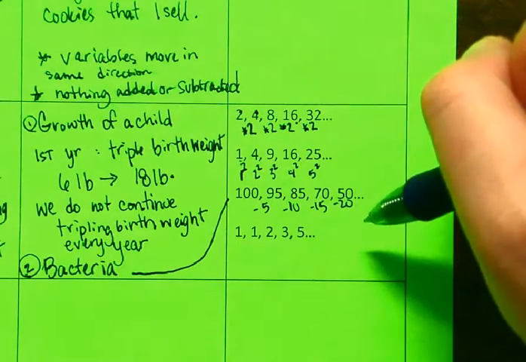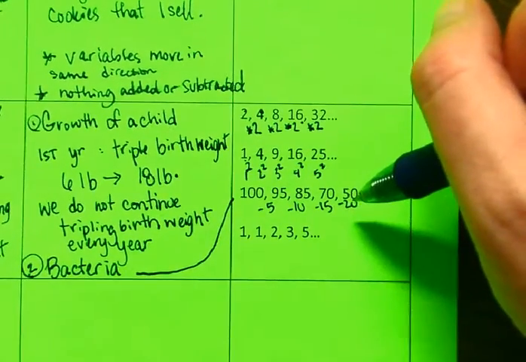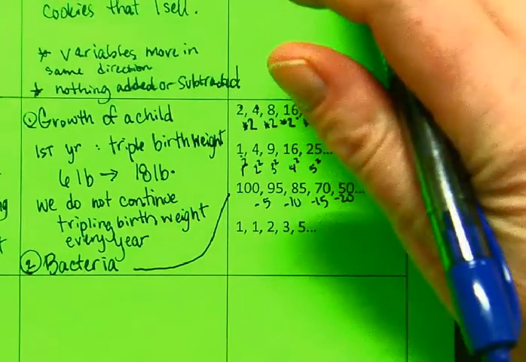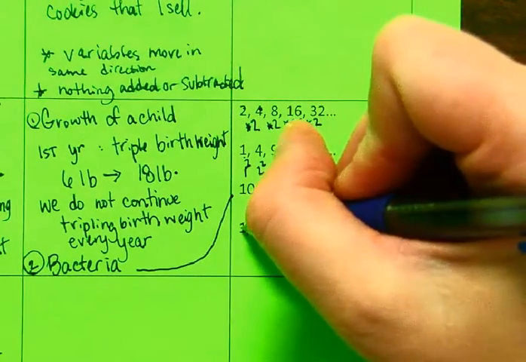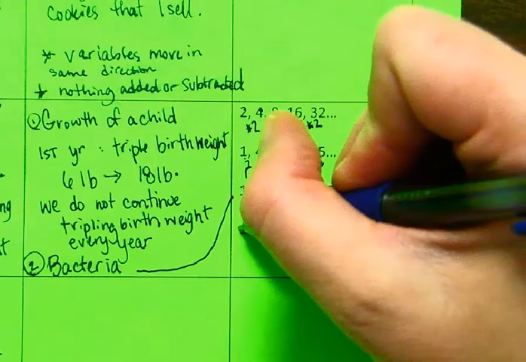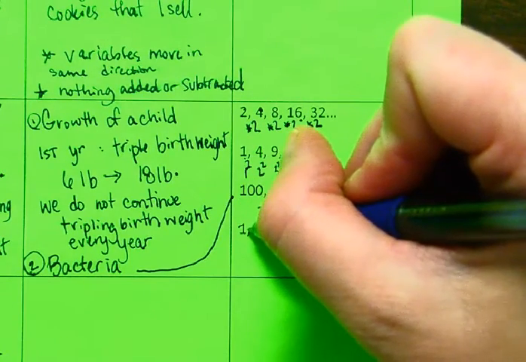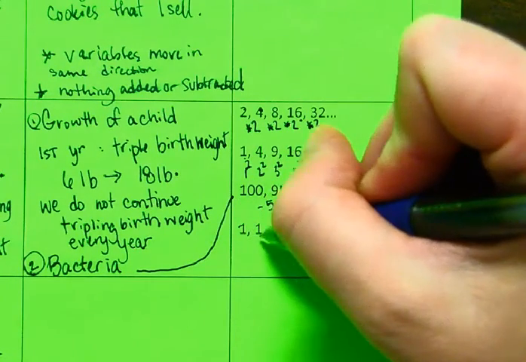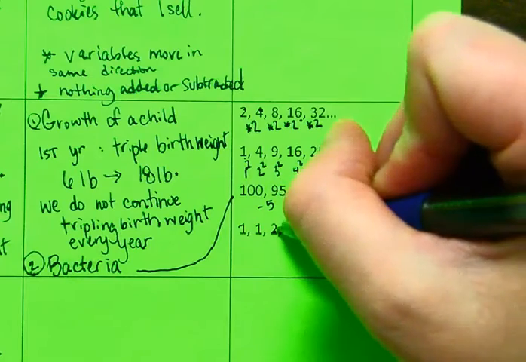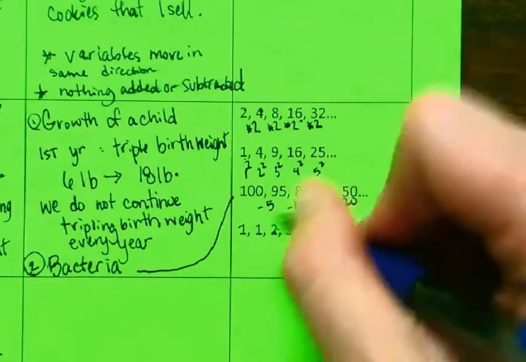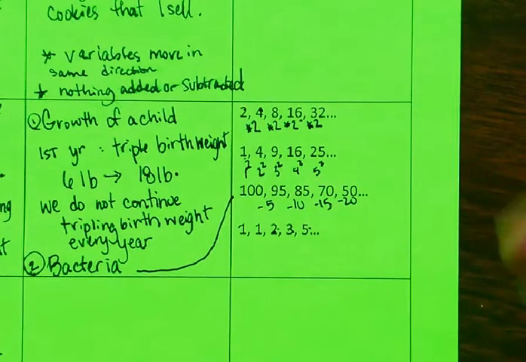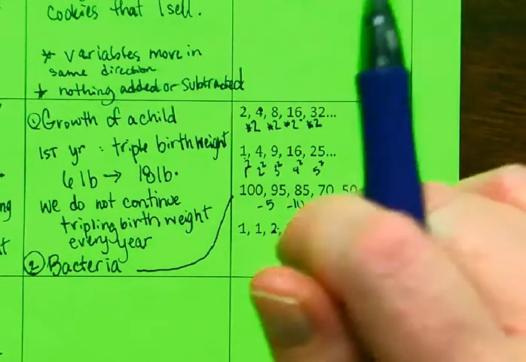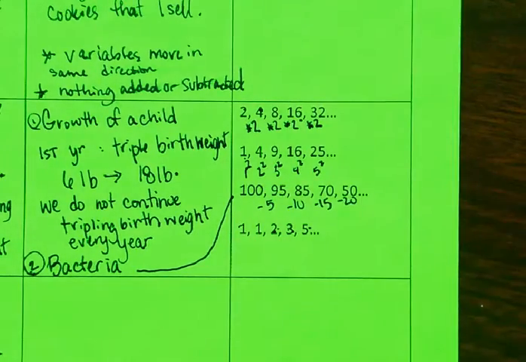Not moving the same amount each time by addition or subtraction. That's a nonlinear sequence. Here, I'm adding the previous term. So 1, and then 1 plus 1 is 2. 1 plus 2 is 3. 2 plus 3 is 5. So again, I'm not adding or subtracting the same thing each time. So that's not a linear sequence.